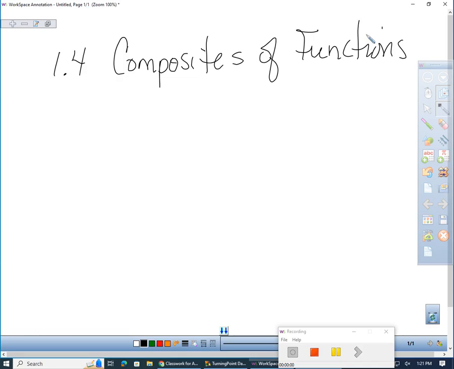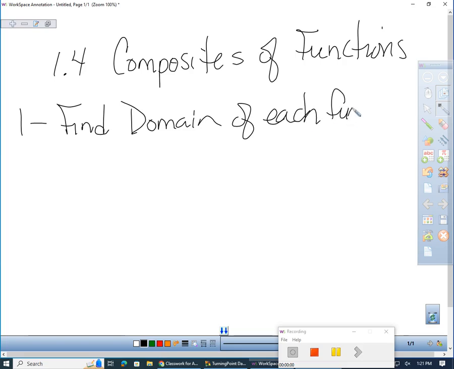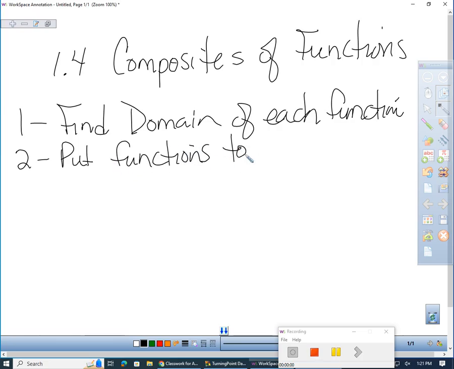When we are doing composites and finding the domain, step 1, find the domain of each function. Then step 2, put the functions together as indicated.